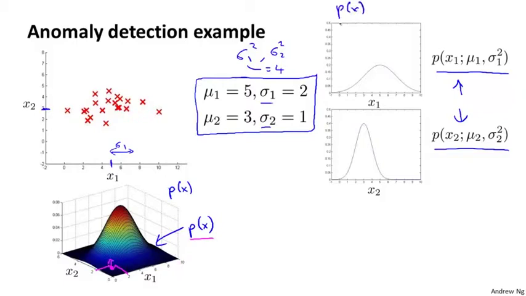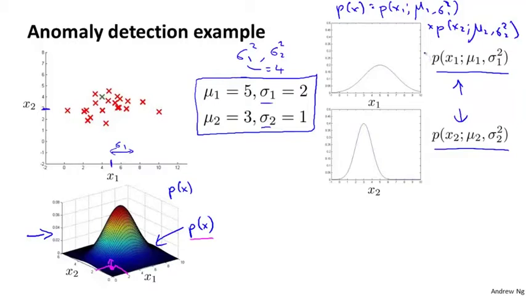This is literally just p of x1 parameterized by mu1, sigma squared 1, times p of x2 parameterized by mu2, sigma squared 2. So this is how we fit the parameters to this data.